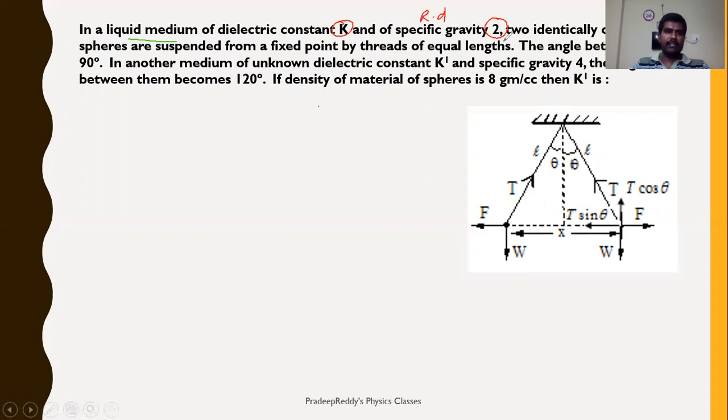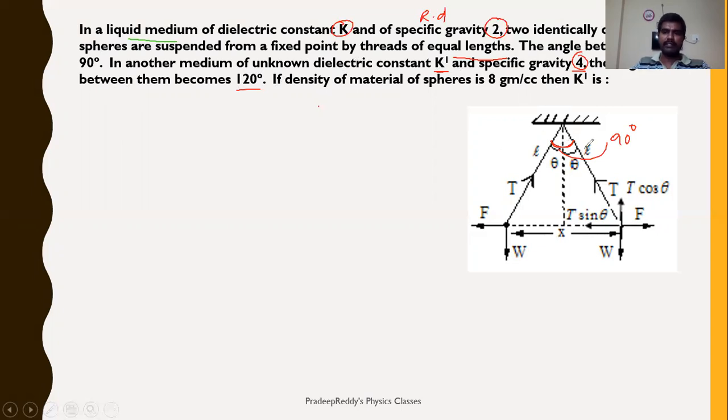Two identically charged spheres are suspended from a fixed point by threads of equal lengths. Just like in this figure, there are two equal lengths of threads and the charges are separated by a certain distance. The angle between them is 90 degrees. In another medium of unknown dielectric constant K dash and specific gravity 4, the angle between them becomes 120 degrees.